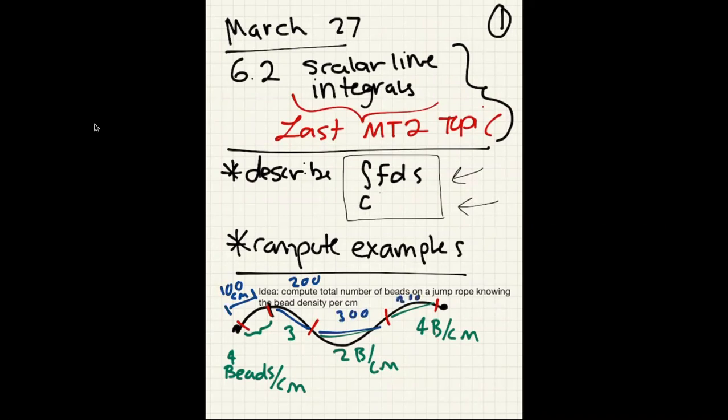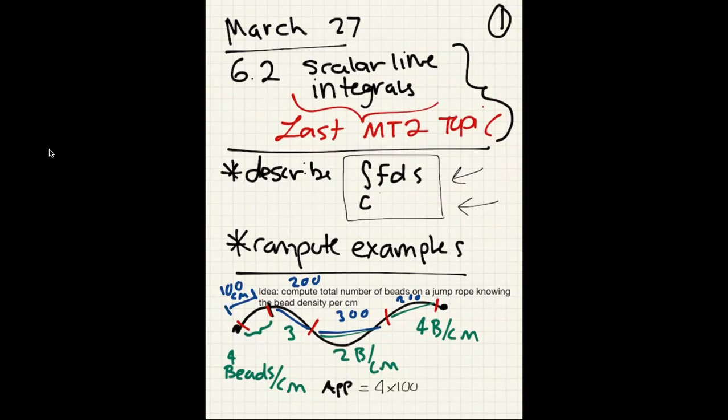So what you can do is something like a Riemann sum, except for a segment that's kind of curvy. One way you can approximate the total number of beads is to approximate how much you have in each chunk. So approximately, I'm going to add up the contributions. From the first piece, I get 4 times 100.